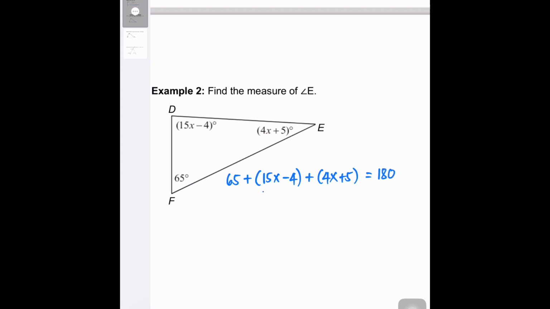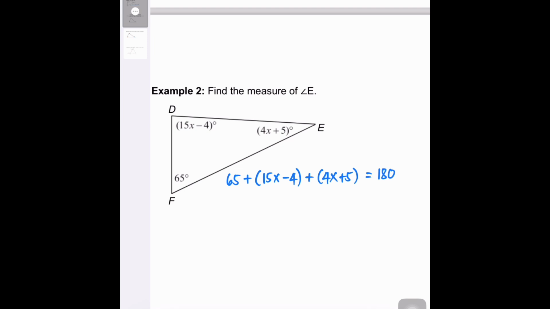So this initial equation is based on the concept of triangle sum theorem, where if you add all the interior angles, it will be equal to 180 degrees. So after writing the initial equation, what you need to do is to simplify, especially the left-hand side of the equation, where you can combine like terms.